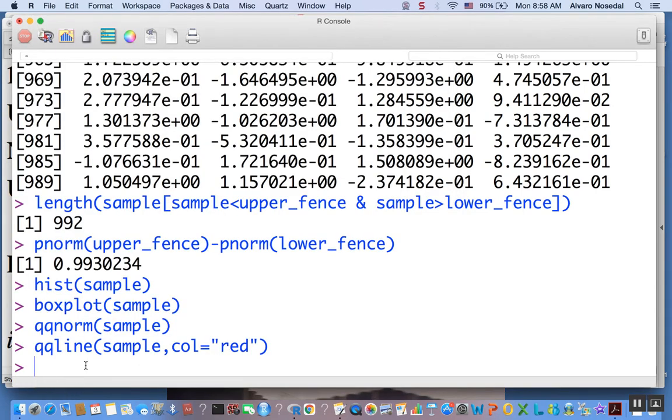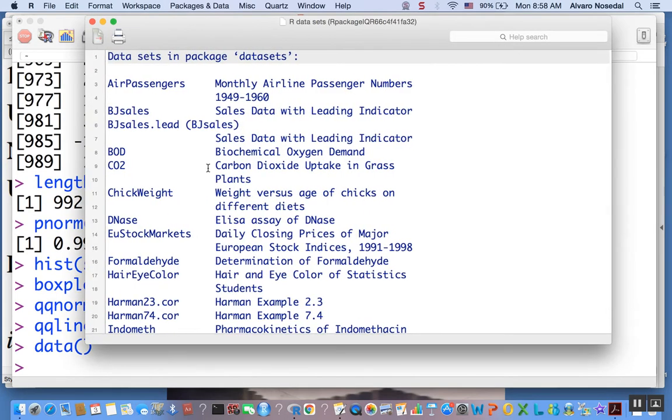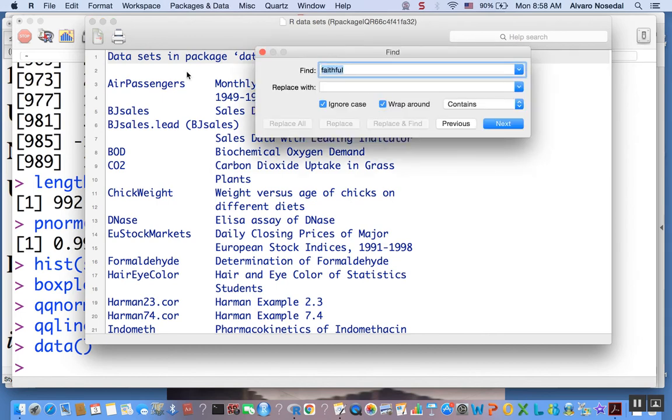So maybe you remember that we dealt with this data set, Faithful, right? It's part of the data sets included in R. So let me just remind you that if you type data and then you open and close brackets, then you can see the data sets contained in base R. The one that I want is Faithful, right?